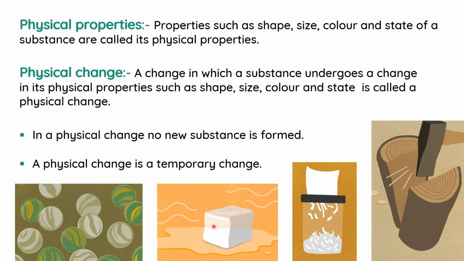When cutting wood, no new substance forms. Cutting of paper, no new substance is formed. Melting of ice, also no new substance is formed. And mixing of marbles, also no new substance is formed. Then a physical change is a temporary change. That is a temporary change, not a permanent change.